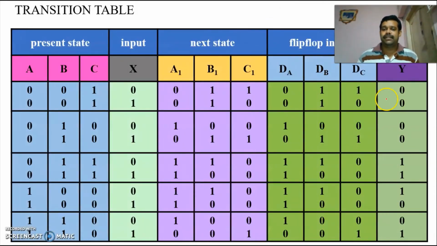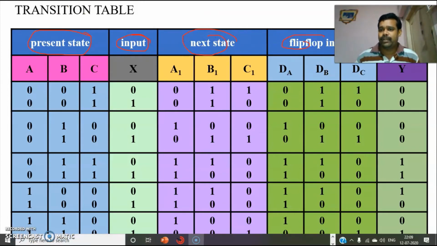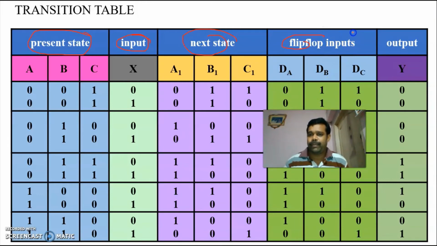So you will be getting the full transition table like this. This transition table has present state, input, next state, flip-flop input, and output.